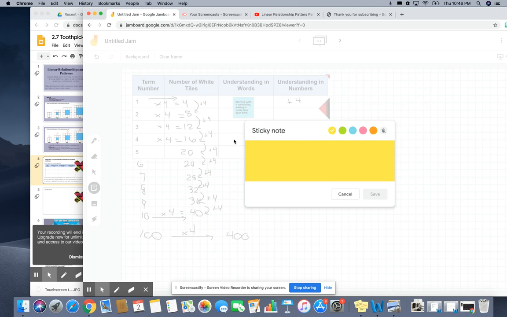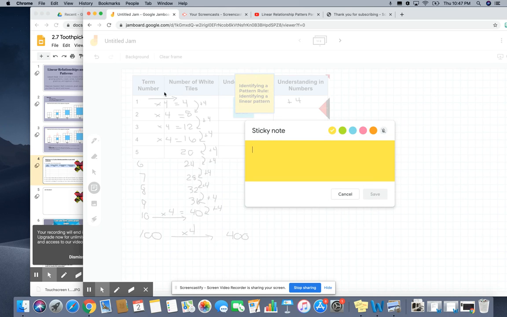So we know that by identifying a pattern rule, which again is that pattern that is going downwards from the number of white tiles, you are identifying a linear pattern. So we'll keep that here.